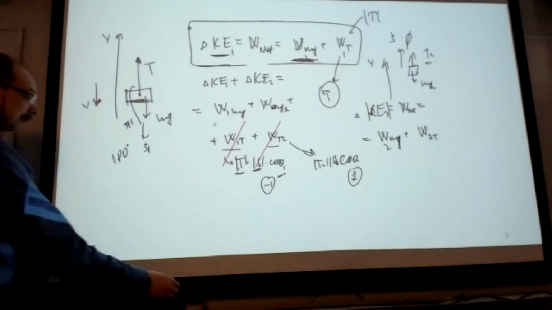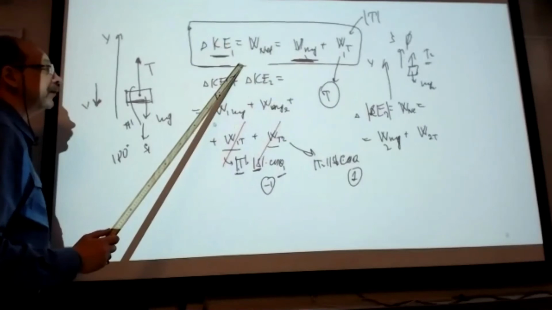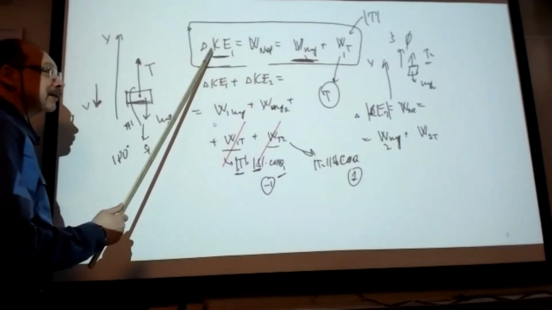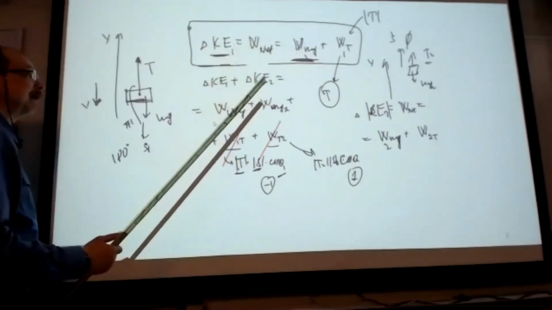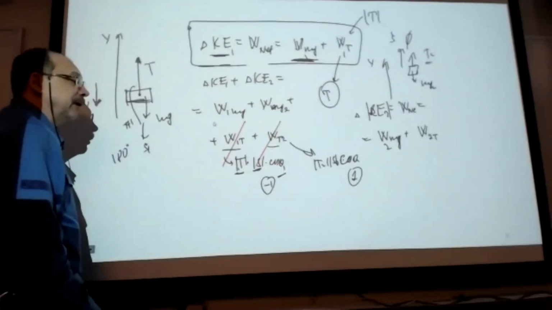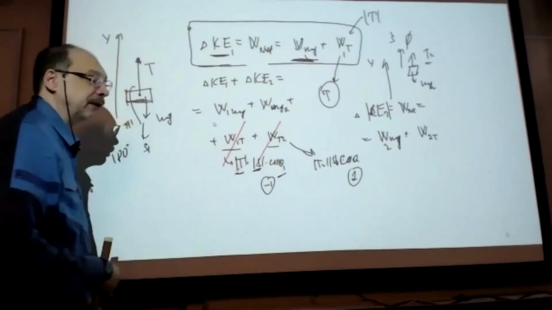Does not matter. Because now in this equation, you know everything. You can calculate how kinetic energy changes. You can calculate the work done by gravity. That will give you the work done by tension. And if you know work done by tension, you can calculate tension.